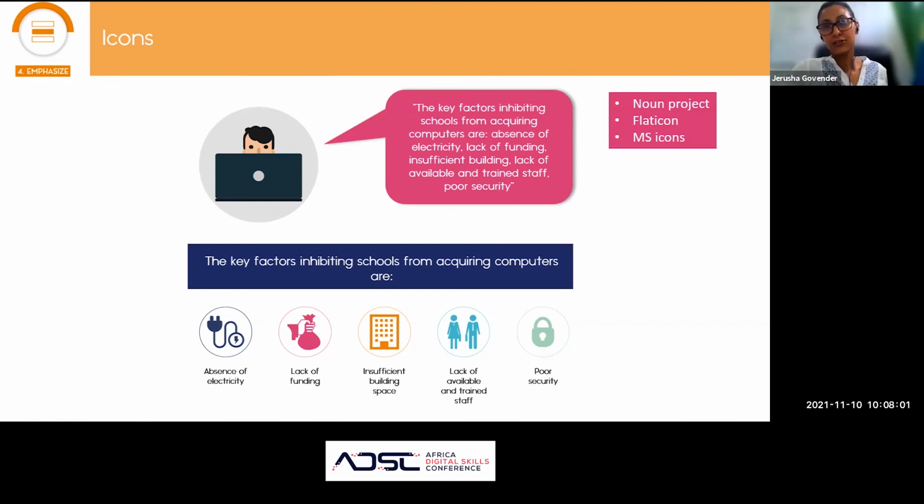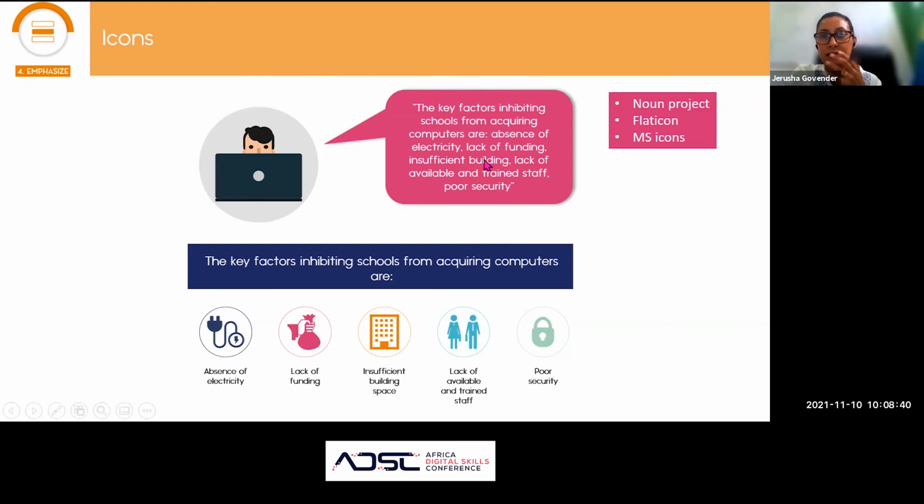Microsoft does have an option for various icons, but what I find, if you want to get contextually relevant icons, sometimes, for example, if I'm looking for an icon on socioeconomic development or WASH initiatives, Microsoft won't provide the appropriate things there, but I do find that the Noun Project and Flaticon do have more contextually relevant icons that you can access, and some of them are for free. So that's the other great thing.